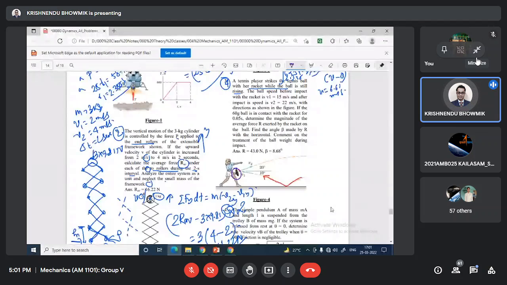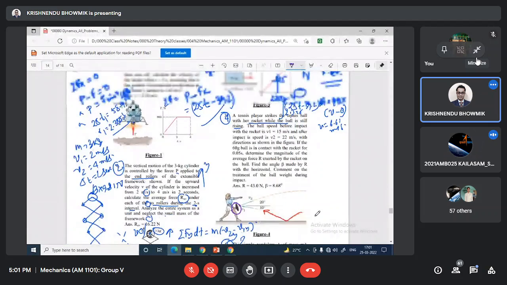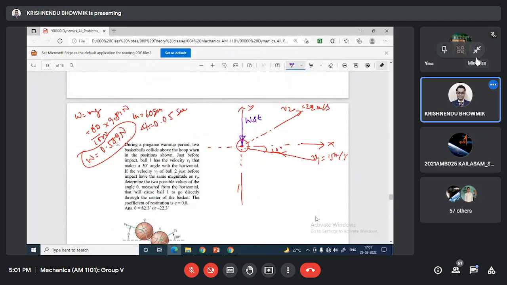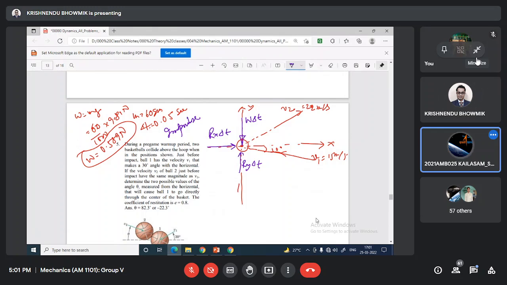So let's take components in x and y directions: in x direction it is Rx delta t, and in y direction it is Ry delta t. So it is the impulse momentum.